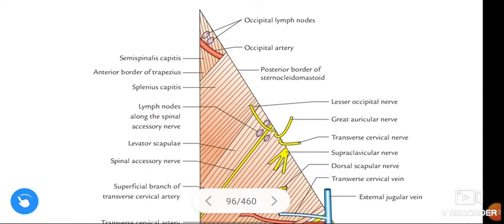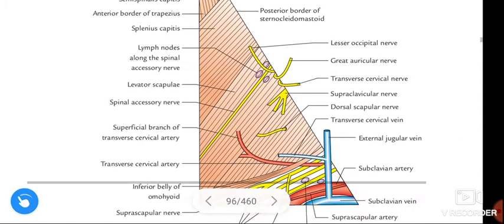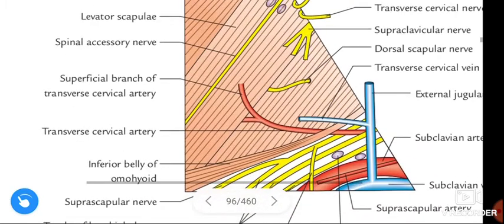See this figure. This figure shows the contents in the posterior triangle. First see the contents in the occipital triangle. What are the contents present in the occipital triangle? See one by one.